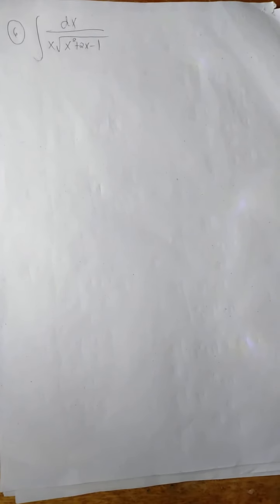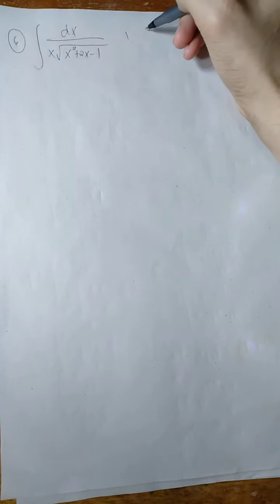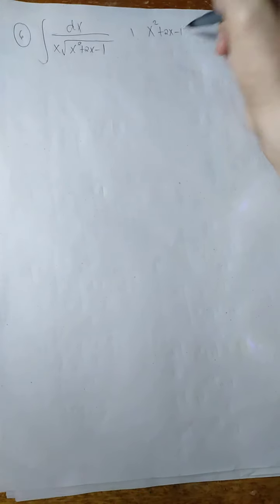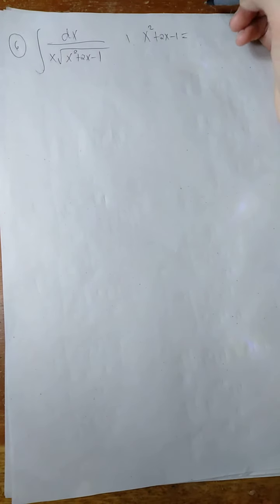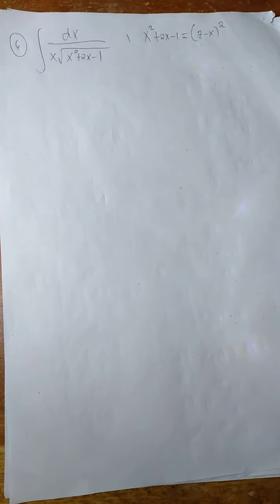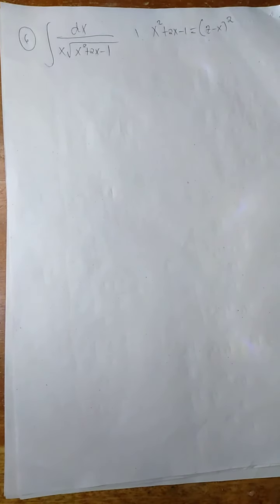So dito applicable yung substitution natin. What will be our substitution now? The expression inside, x squared plus 2x minus 1, is equal to z minus x, squared. So yung nasa loob na ito, papalitan natin ng z minus x squared.